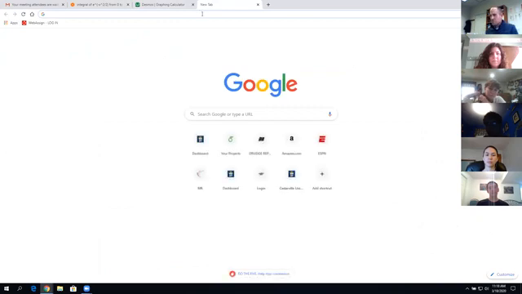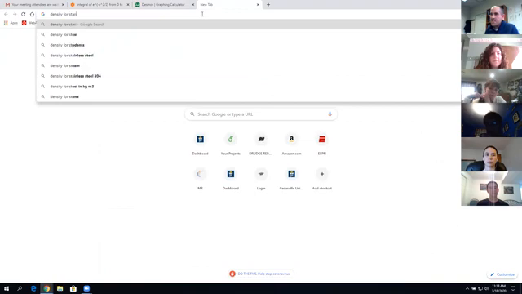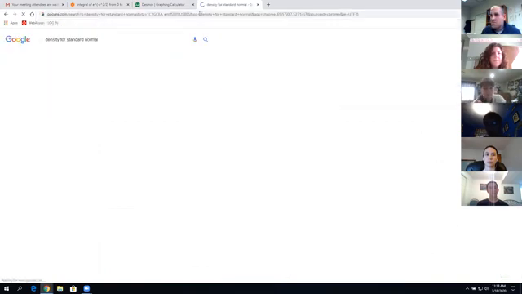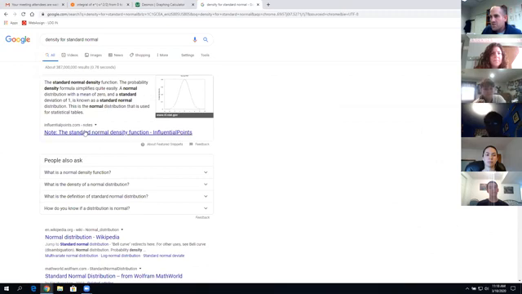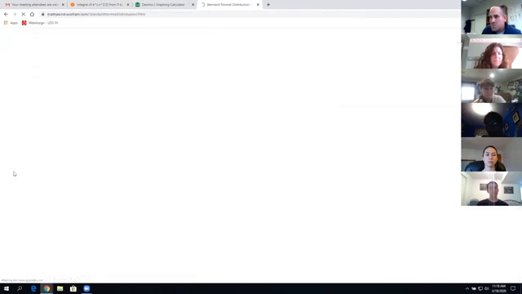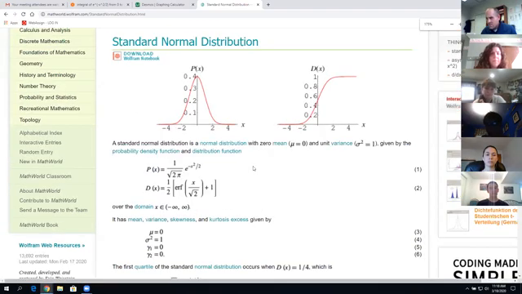We'll talk about that more a little bit later on, but you can even just look up the density for the standard normal, which is the bell-shaped curve. Okay, there's the density right here. See this? 1 over the square root of 2 pi e to the minus x squared over 2.